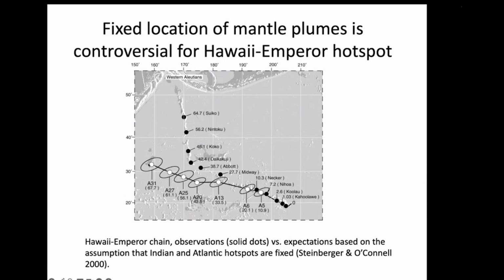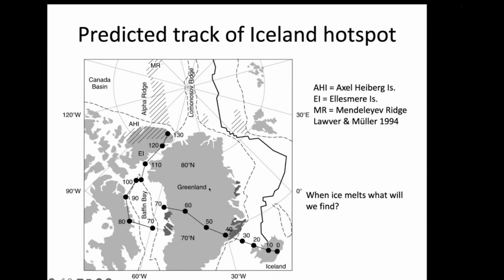But you can see one of the problems is this requires some understanding about longitude, and paleomag is notoriously bad at giving you reliable longitudinal fixes. So I view this with some skepticism. All right, now this is Iceland over here, where the mantle hotspot is.